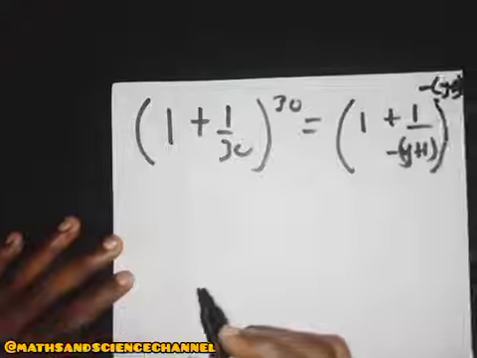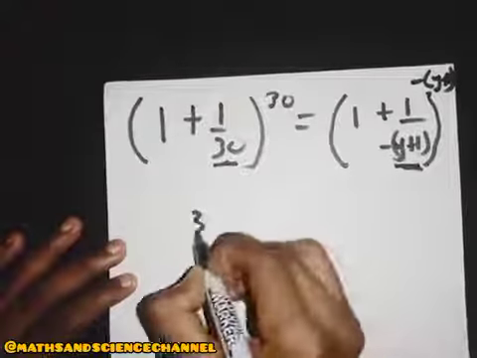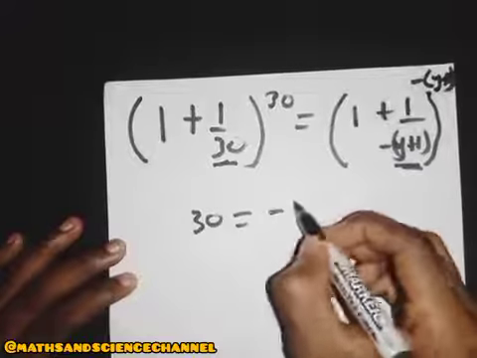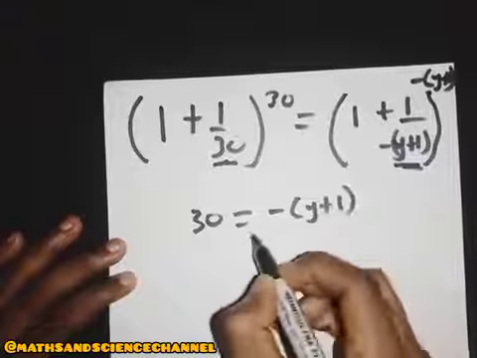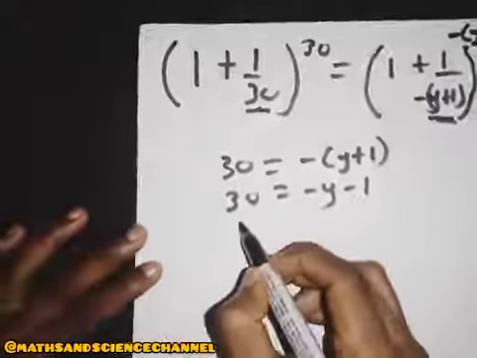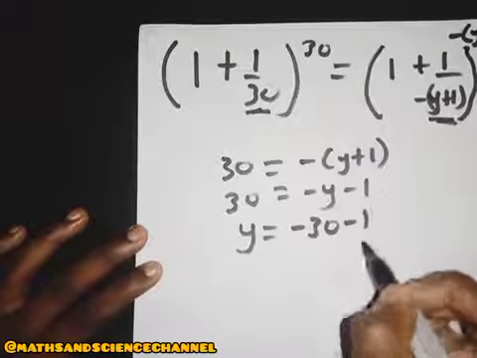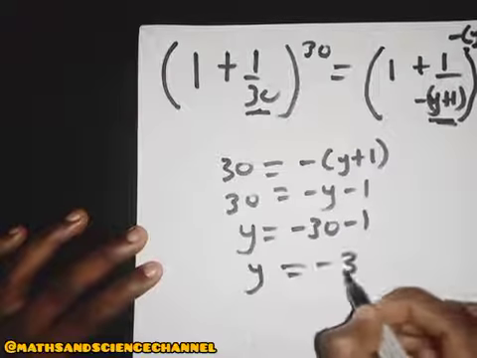Comparing that, this will be equal to that. So we have 30 being equal to negative y minus 1, and therefore y will just be equal to negative 30 minus 1, and y equal to negative 31.